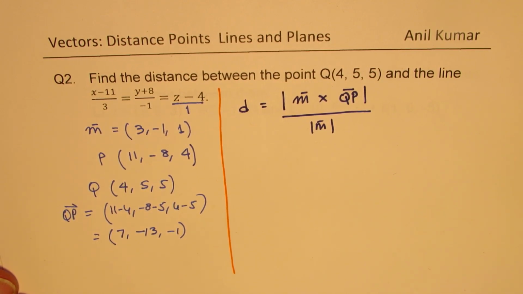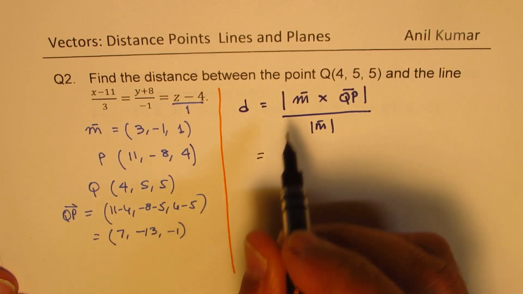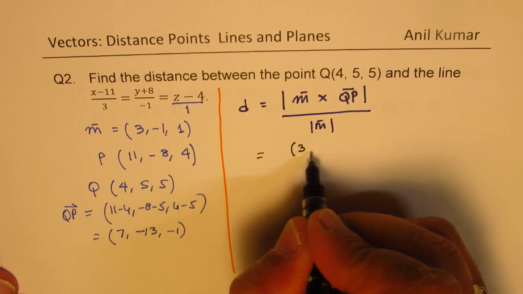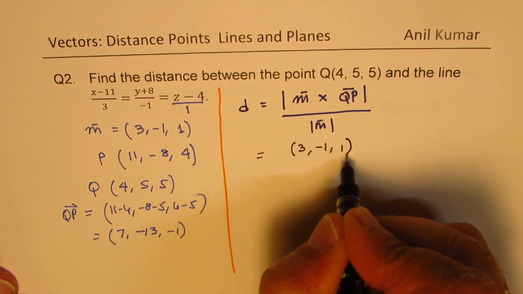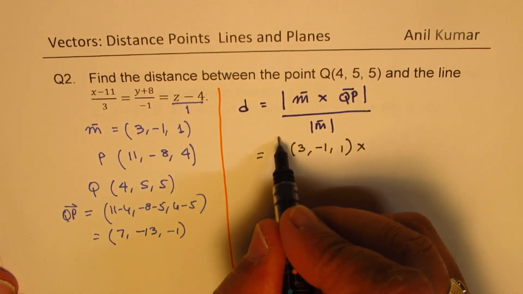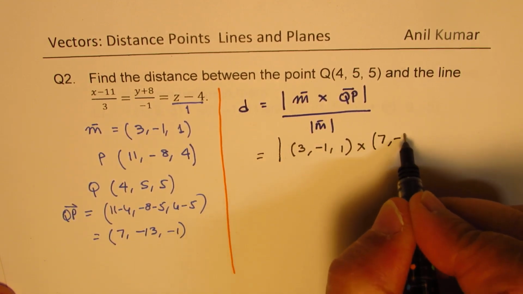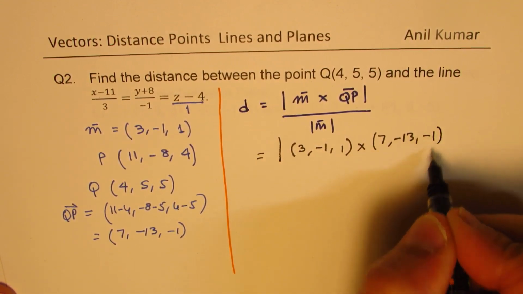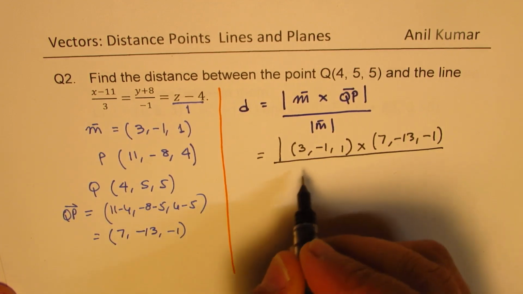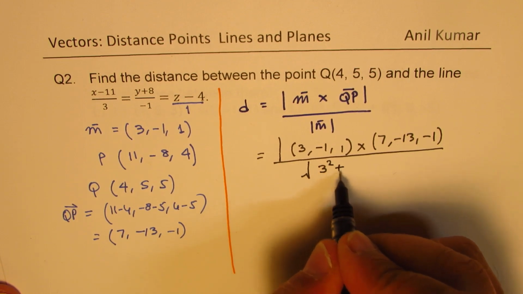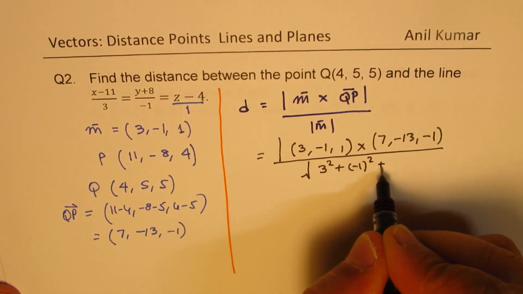Okay, so let's substitute these values to find the result. We have M as 3, minus 1, 1, cross product with QP, 7, minus 13, minus 1, and we'll take the absolute value, divided by the magnitude, which will be the square root of 3 square plus minus 1 square plus 1 square.